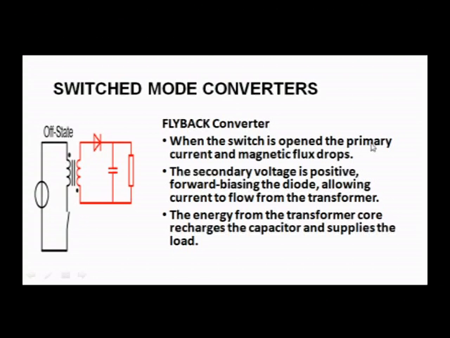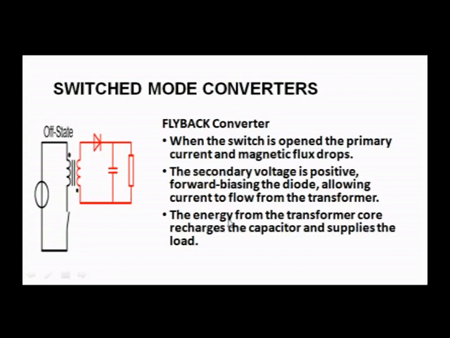So, when the switch is open, the primary current and magnetic flux drop, but the secondary voltage at the same time will become positive. So, this upper end becomes positive, the lower end becomes negative, okay, and that is why the diode gets forward biased. So, current flows through the diode, whatever is collected here in the magnetic path, it will flow through the diode, allowing current to flow through the transformer also.